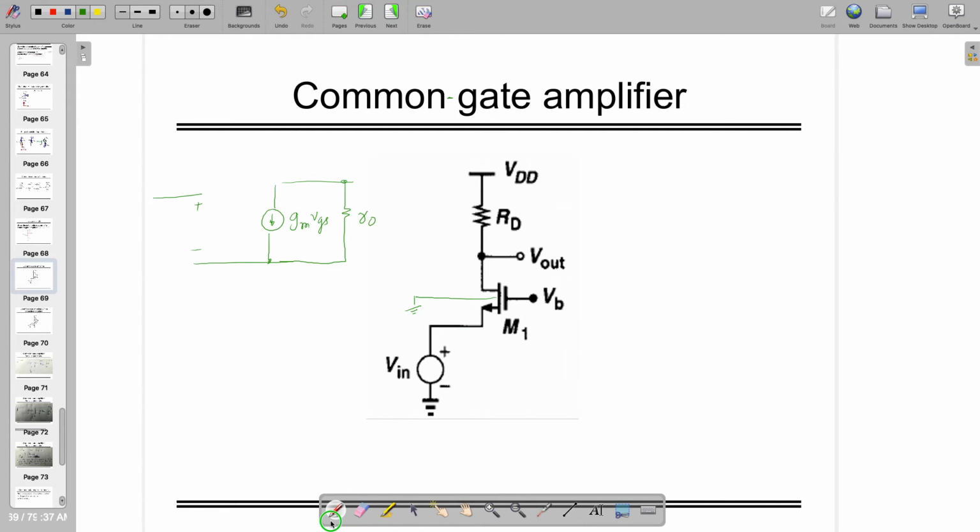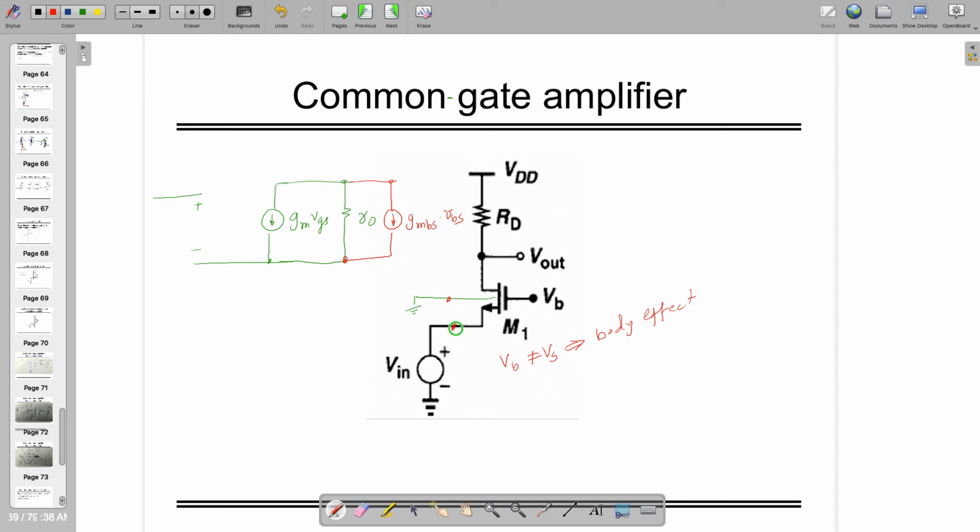You can see, if body and source potentials are different, then there is a body effect, and we have to consider that there is one extra current whose value is gmbs times Vbs. This is because of body potential, like body effect. VB is not equal to VS, so you are going to experience body effect, right?